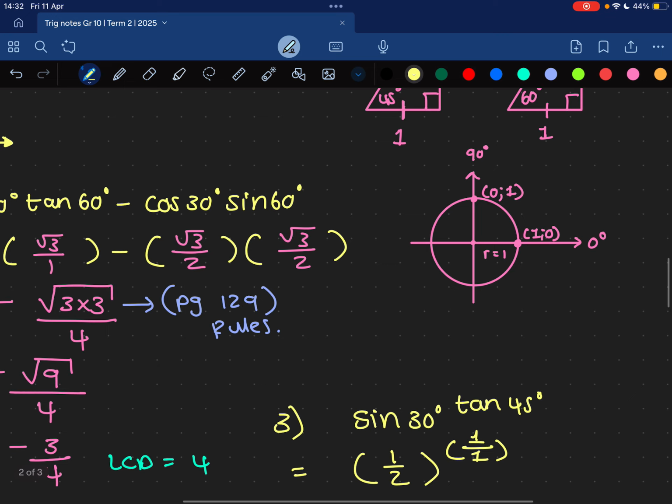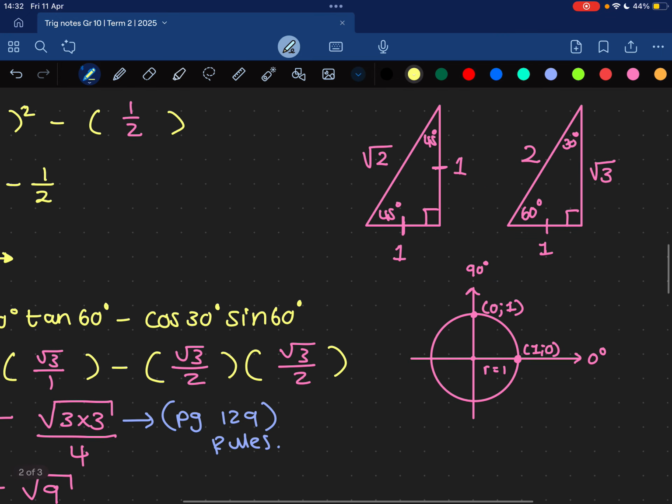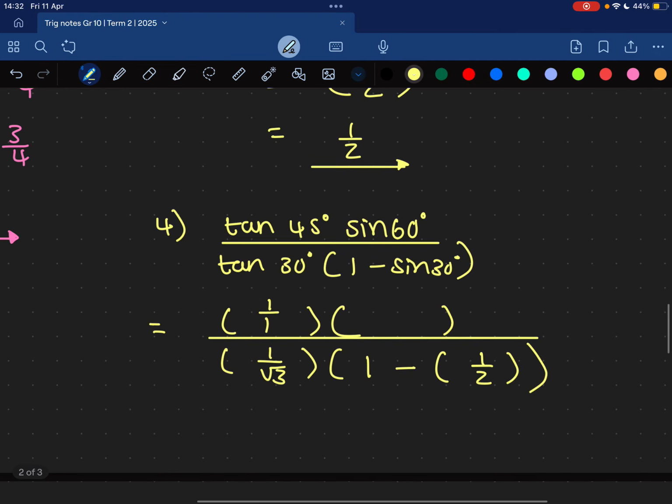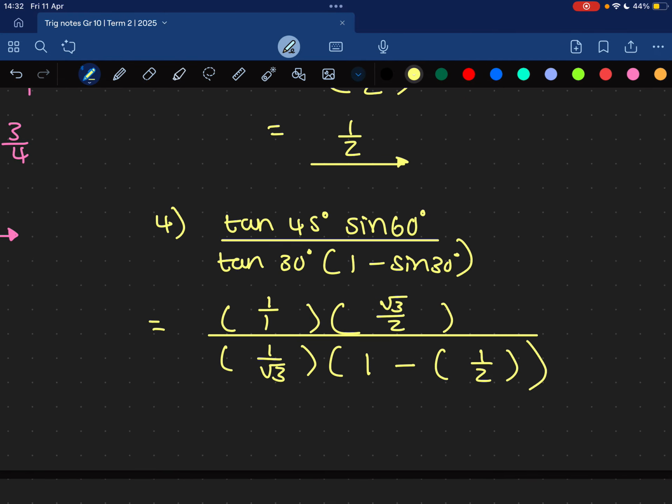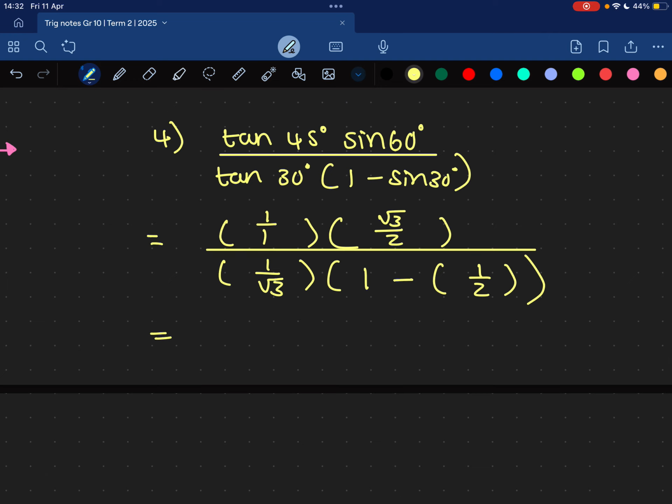And sine of 60 is going to be opposite over hypotenuse, which is root 3 over 2. So it's 1 multiplied by root 3 over 2 over 1 over root 3, 1 minus a half.